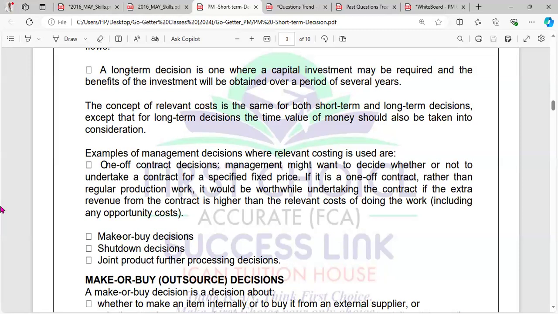How much are they paying you for that job? That is your relevant revenue. How much are you going to spend on doing the job for them? That's your relevant cost. So if the revenue is higher than the relevant cost, then you are going to undertake that.